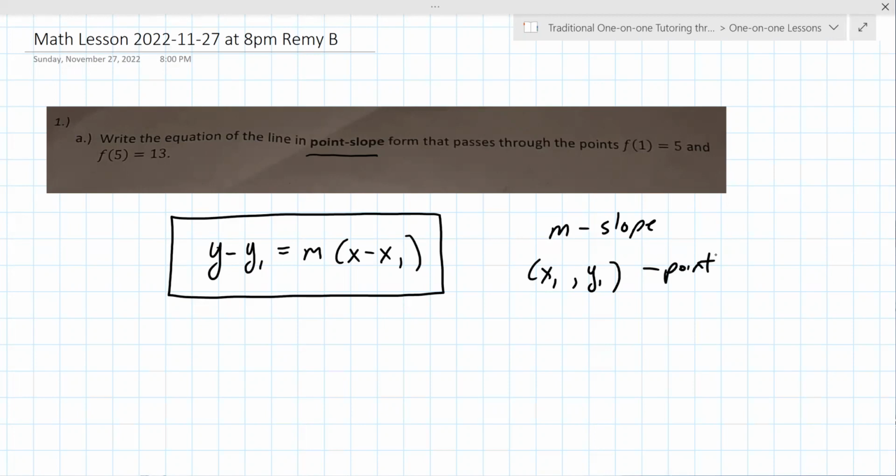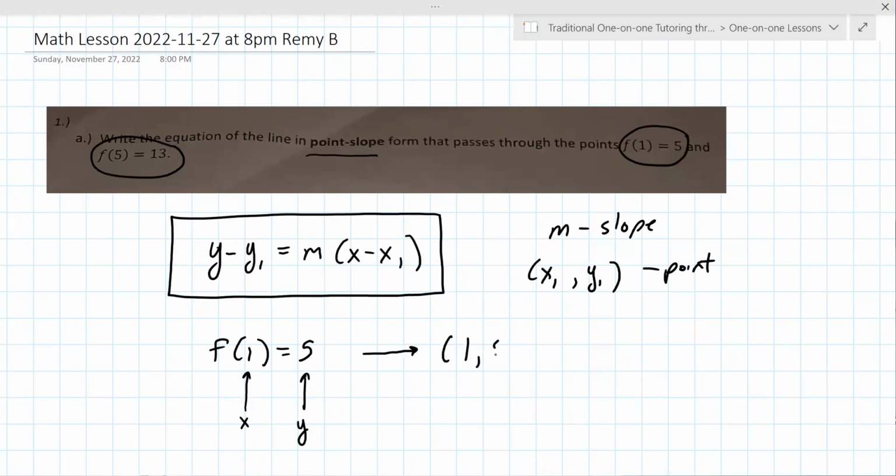All right, now we're going to use these ordered pairs that are given to find the point. So f of 1 equals 5. Can you tell me which one is x and which is y? The one inside parentheses is x, and this other number is the y.